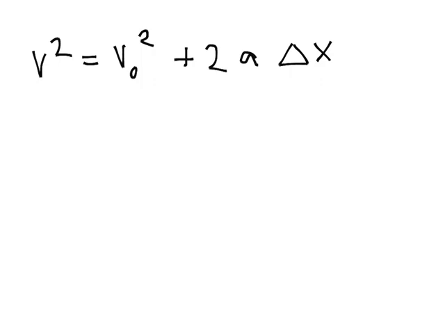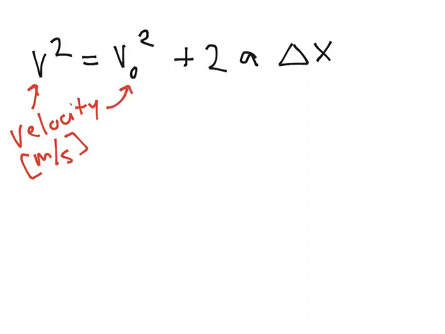So again, going over these, v is still our velocity, and that will be in meters per second. So remember, this is also velocity, except it has the naught, so that means it is initial. a is still acceleration. 2 is just 2.